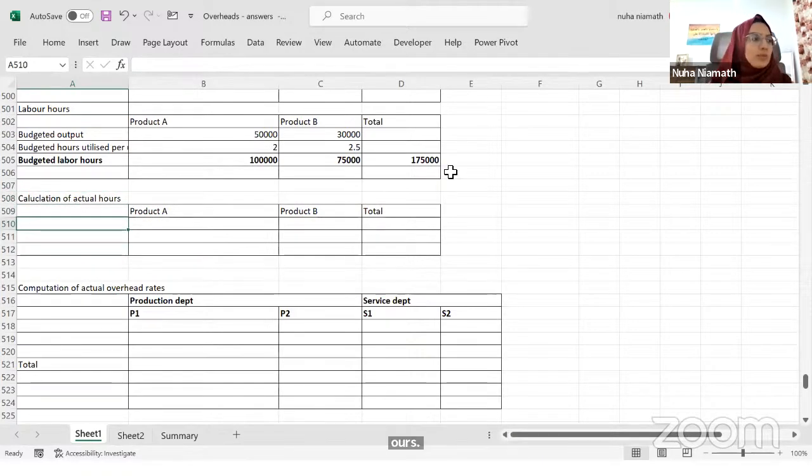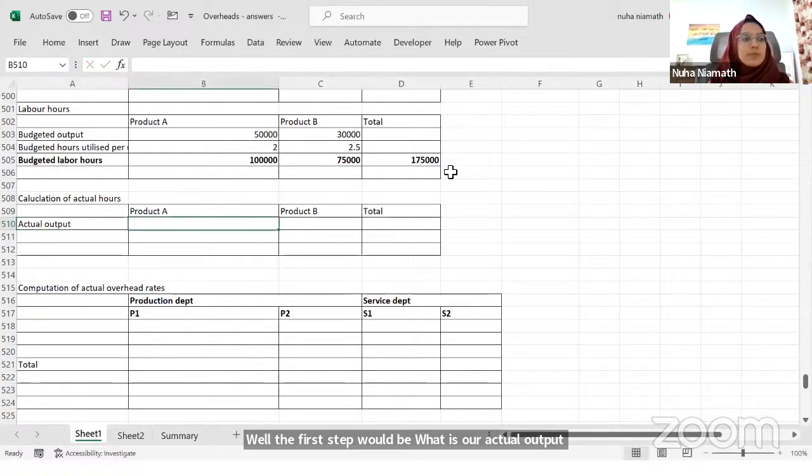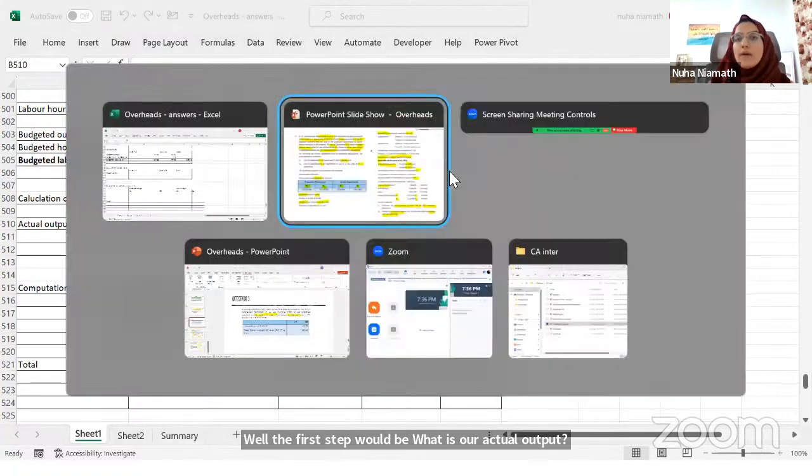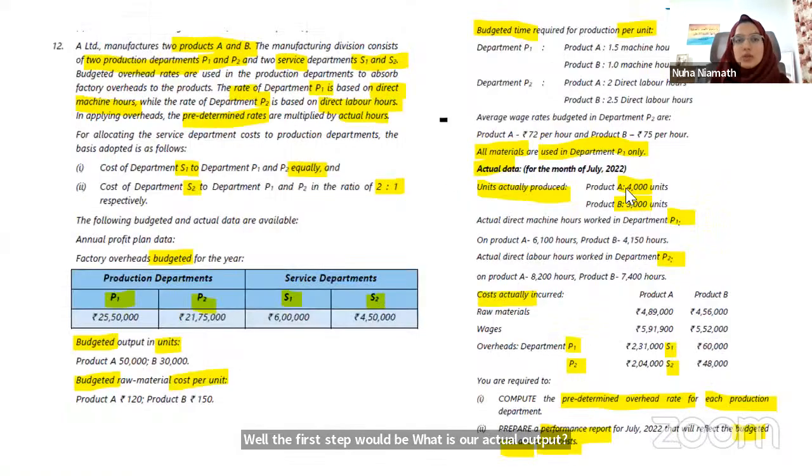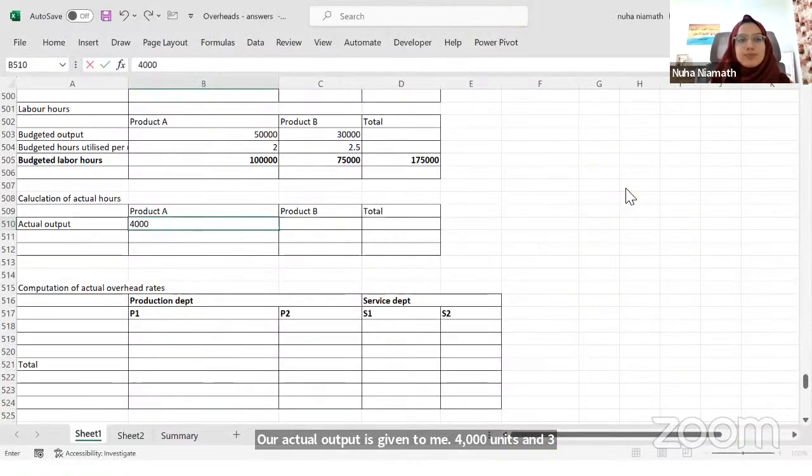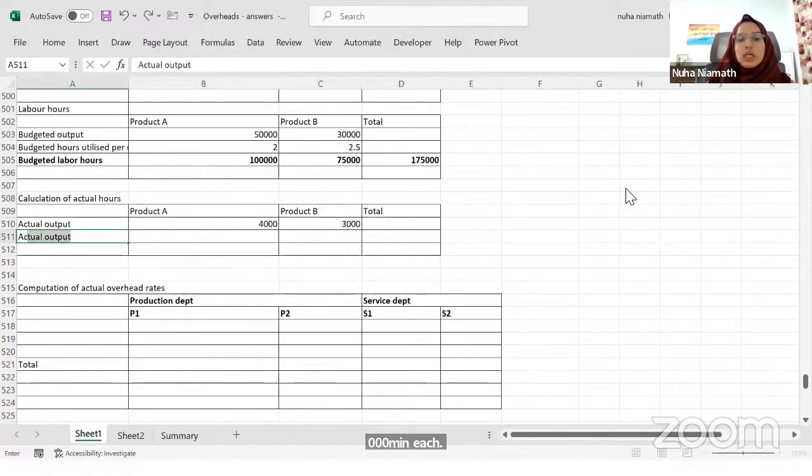The first step is, what is our actual output? Our actual output is given to be 4,000 units and 3,000 units each. Next, we don't need to calculate anything here, everything is given.